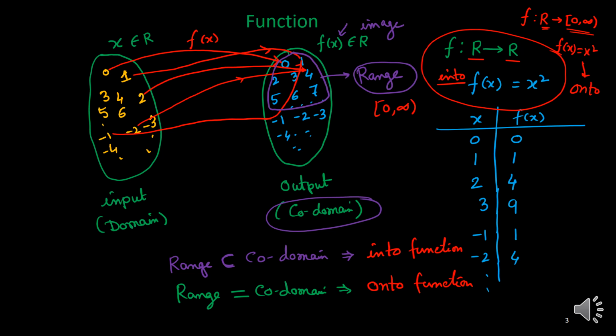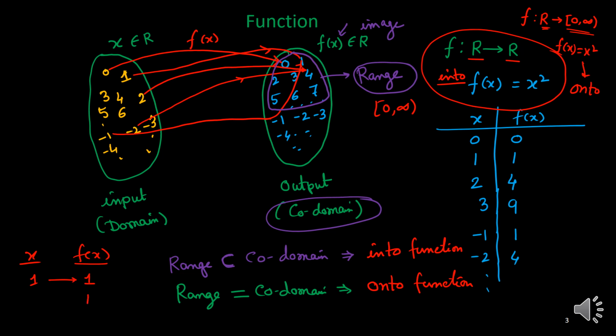Now in this case, if I consider one image value, this is your x, this is your f of x. Suppose the image value, or f of x value, is 1. How can I get this value? I can get it when x equals 1, because 1 square is 1.